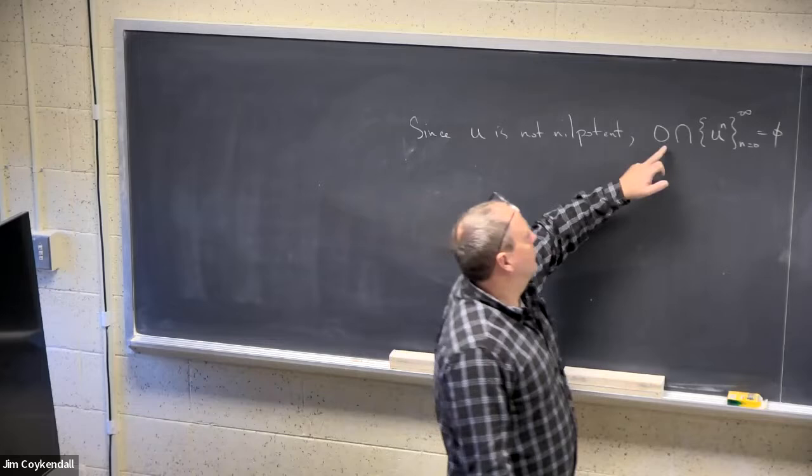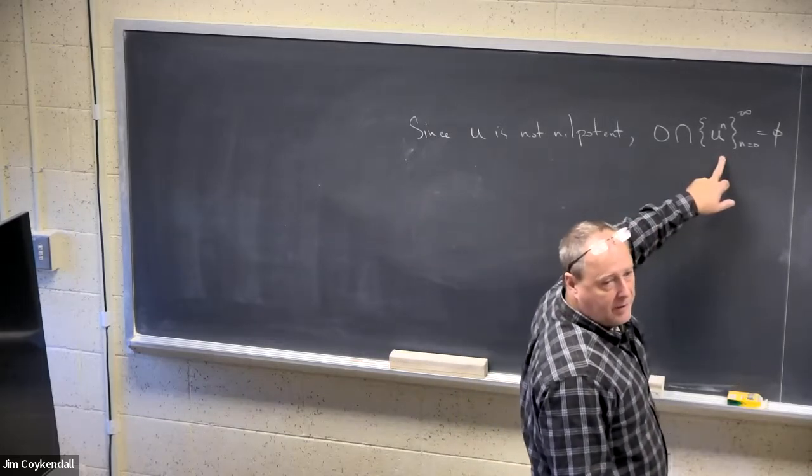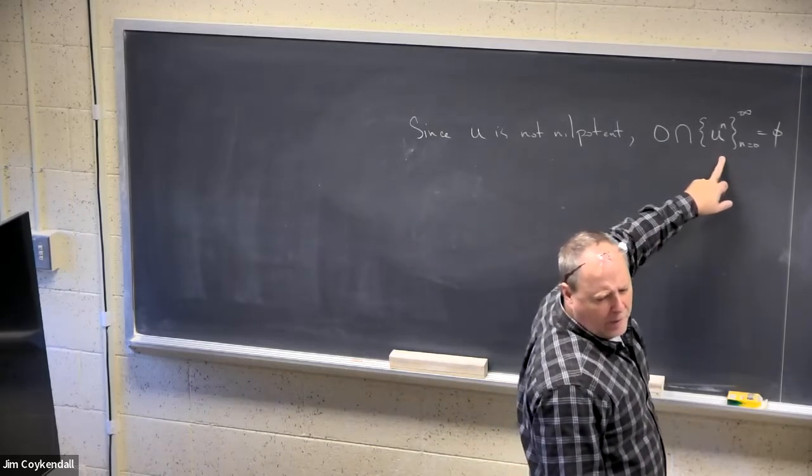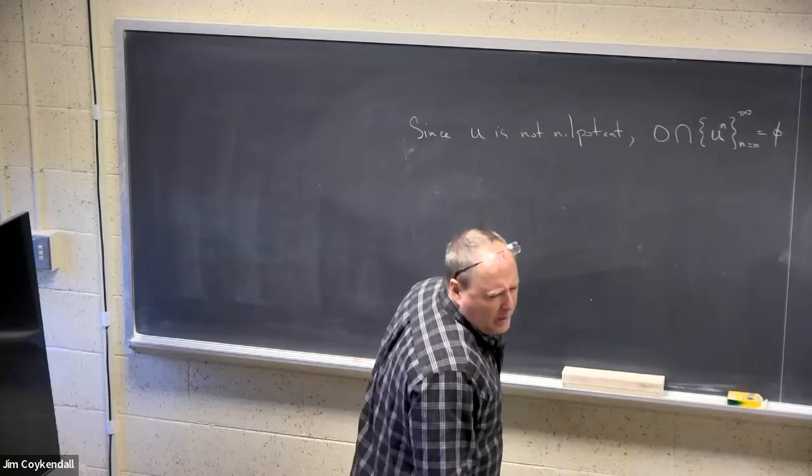So the ideal zero misses this, and so we can expand zero to a prime that excludes the powers of U.